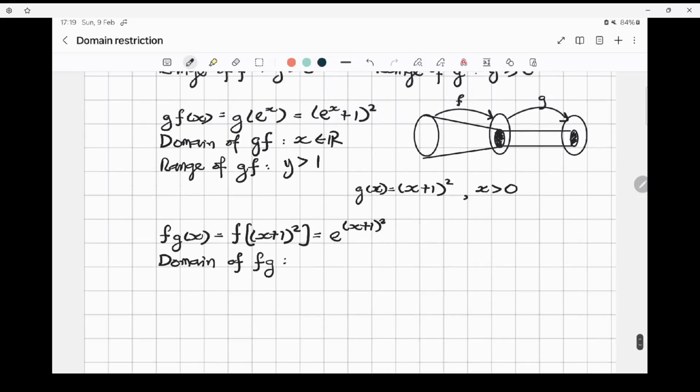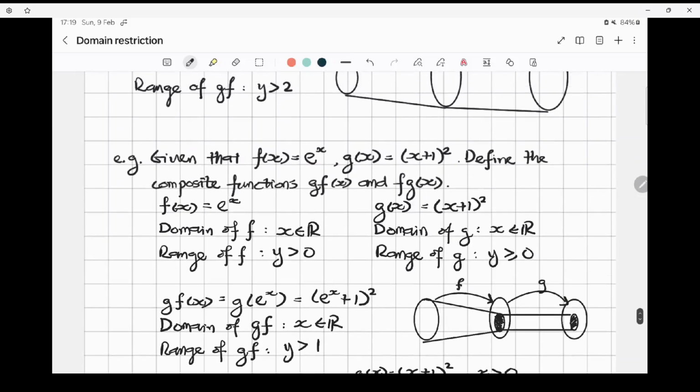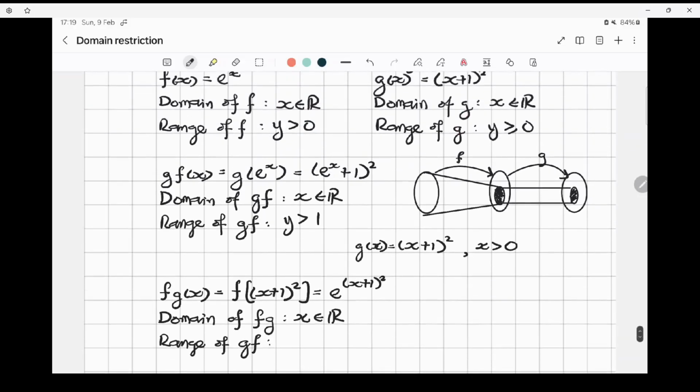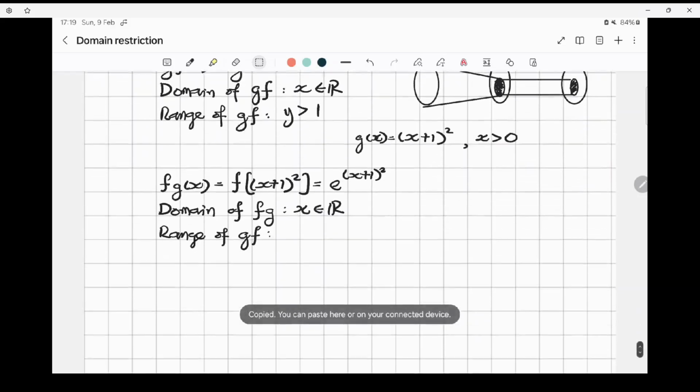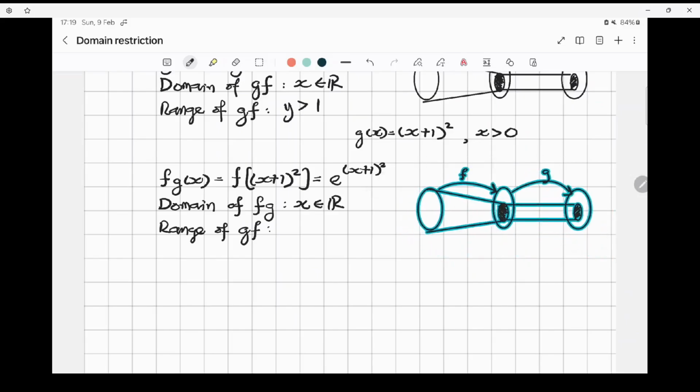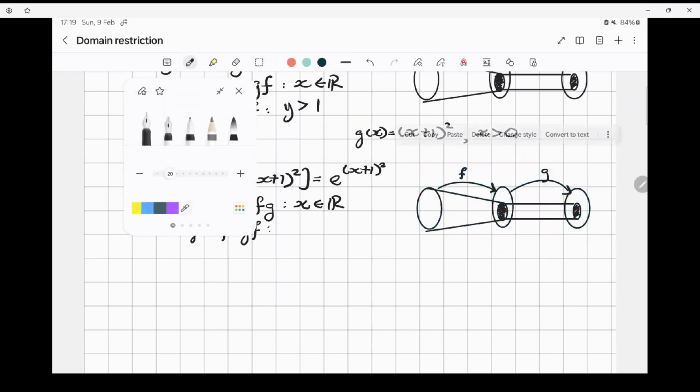So the domain is still following the domain of G. Now let's look at the range. The situation is similar as above. It's just that now you are changing from f being the first function to g being the first function.